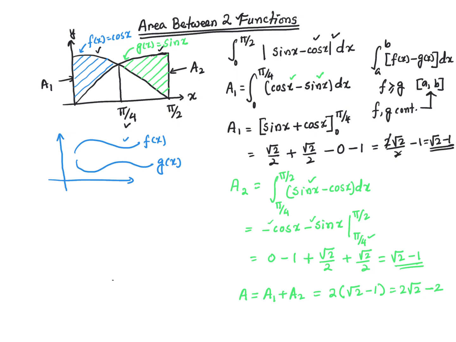For this particular example, it is not true. The interval over which we are integrating, 0 to pi over 2, on the left half the cosine is bigger, on the right half the sine is bigger. So you have to divide it into two pieces and integrate over each of these intervals, or these two regions of interest. And I hope that this discussion was helpful. Thank you very much.